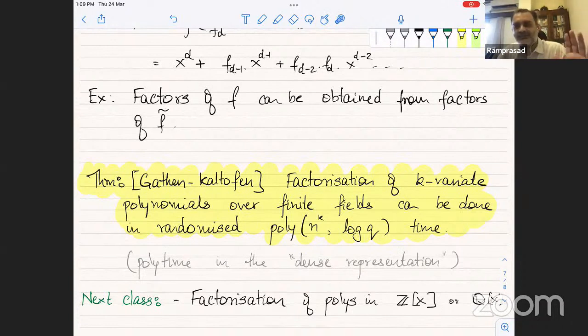We are mostly interested in factorizing integer or rational polynomials. But bivariate factorization will be very, very useful for factorizing over Z[x], surprisingly, even though we are dealing with one variable here. Somehow it has a very close connection with bivariate polynomials over finite fields. And that is what we will do in the next couple of lectures.